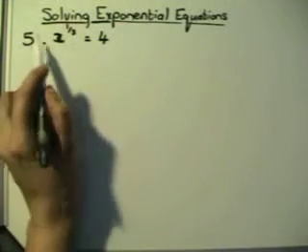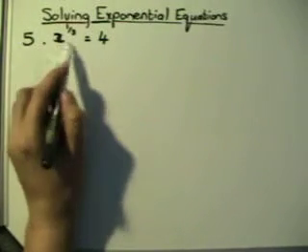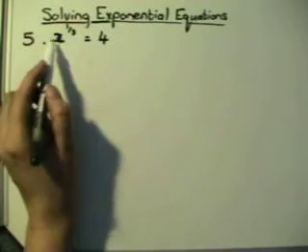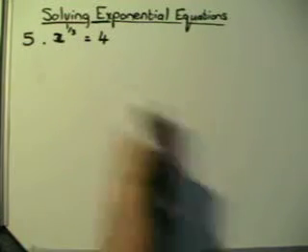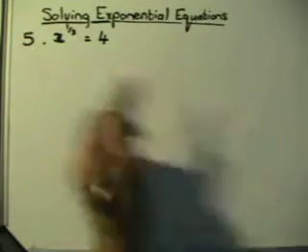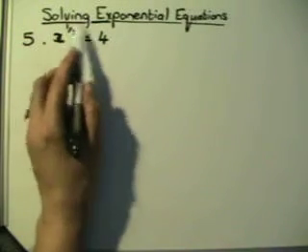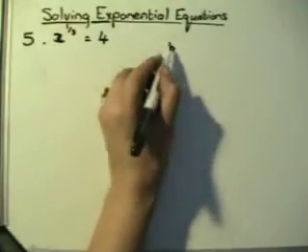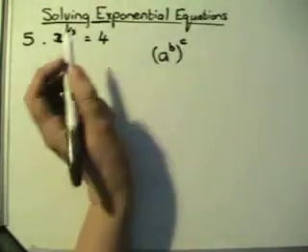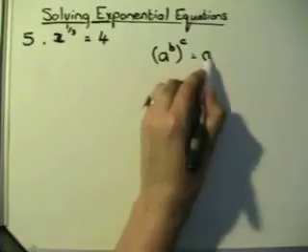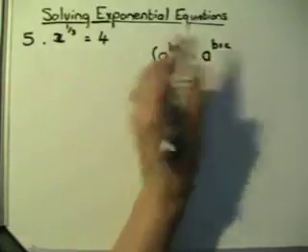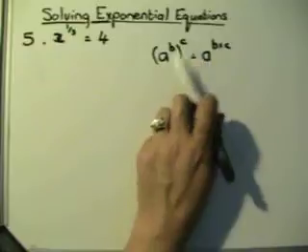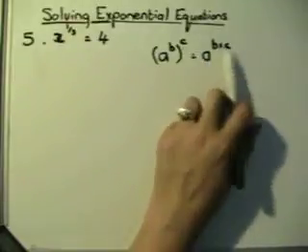This is not technically an exponential equation because my x is not in the exponent. It's on the ground, but just to show you how to treat this if you have funny exponents, you know this rule that says a to the power of b to the power of c is equal to a to the power of b times c, or bc. If I have two exponents over one another, I can multiply them.